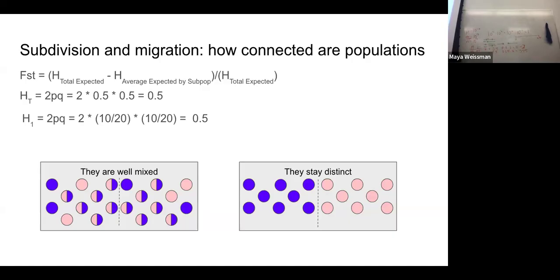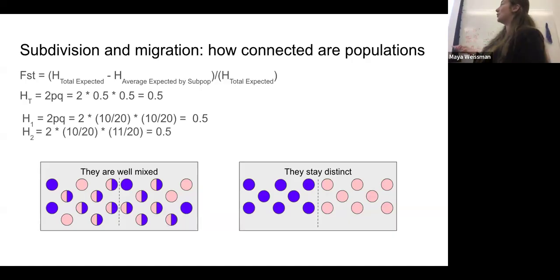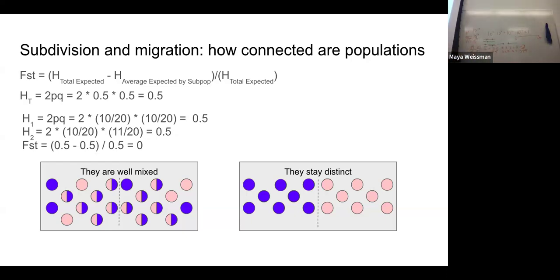I've already shown you the answer. It's exactly a half, or very close to a half. It's 10 out of 20 times 10 out of 20. And it's also true for population 2. So FST, or the population fixation index, for this example is exactly 0, because it's a half minus a half.